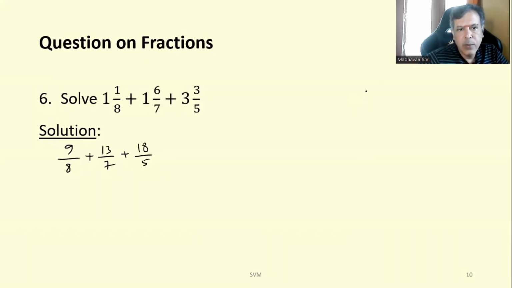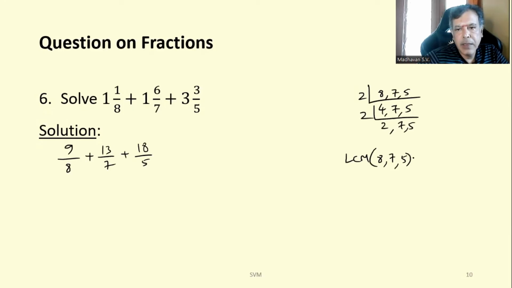Now let us calculate the LCM for 8, 7, and 5. 2, 4, 7, 5. Again 2, 2, 7, 5. So the LCM for this 8, 7, 5 will be 2 cube. 2 cube is 8 into 35. 8 5s are 40, 8 3s are 24, 280.